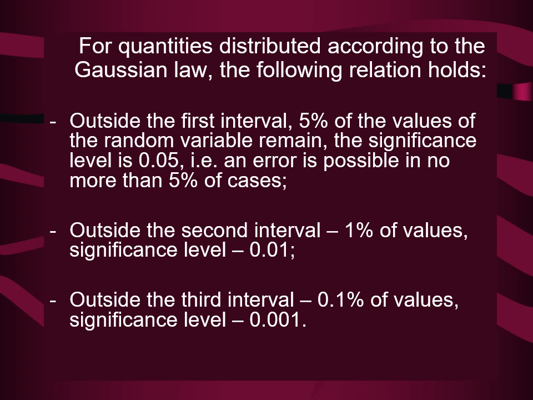In other words, we will extend the sample data to the general population, and we can be sure that we are right for 95% of cases. But 5% of the cases remain outside the interval. In other words, they do not fall within the framework that we have defined for the first level of significance.